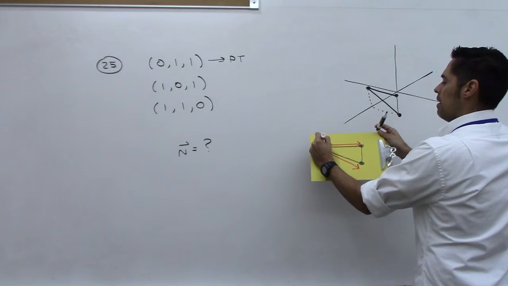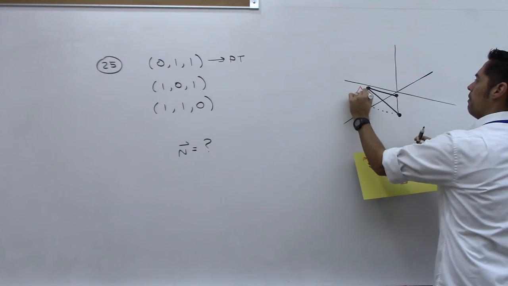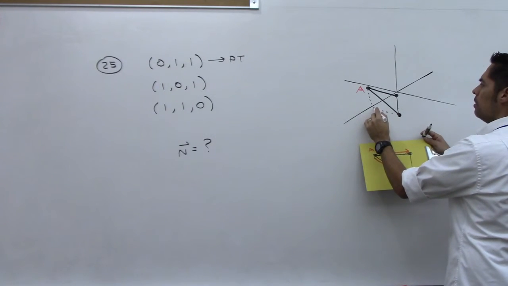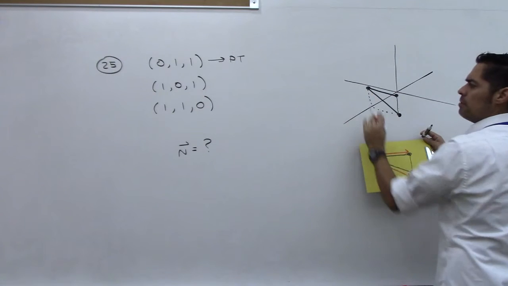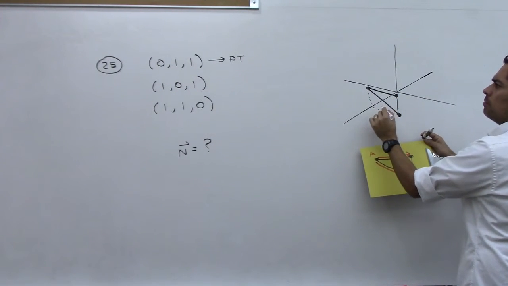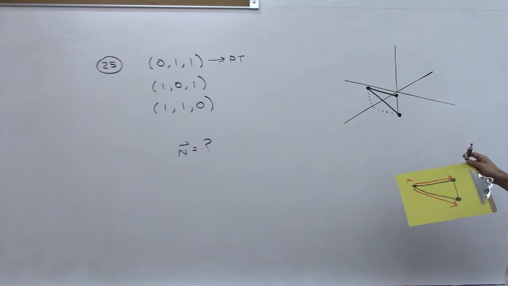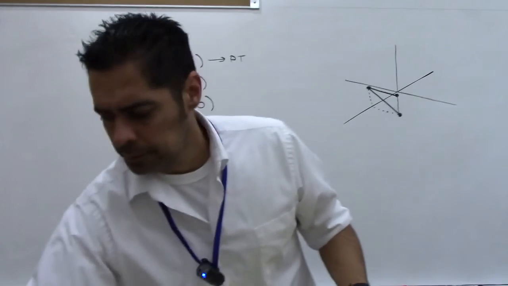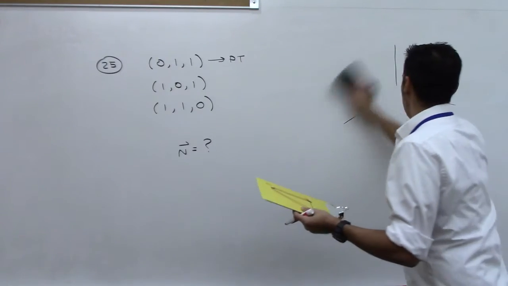This is A, which was this point. B was, oh sorry, no, A was, what was A? 0. Oh, hold on. 0, crap, my picture's wrong. Start this over.